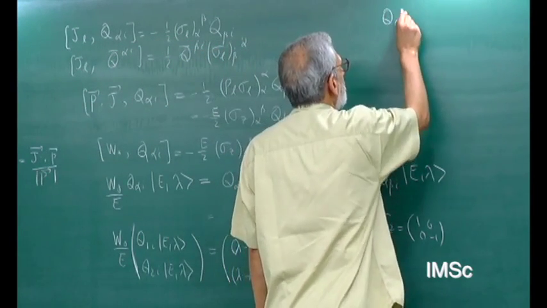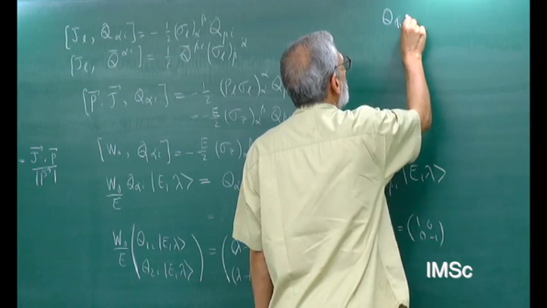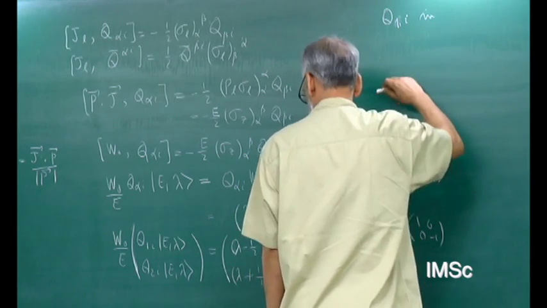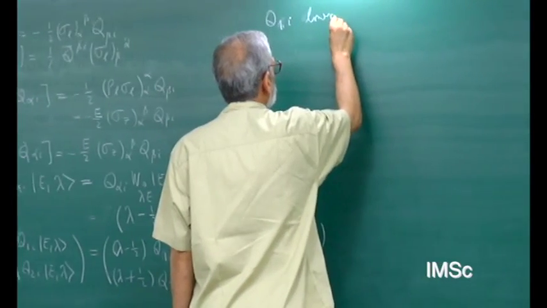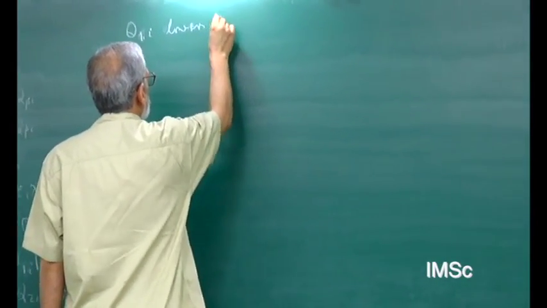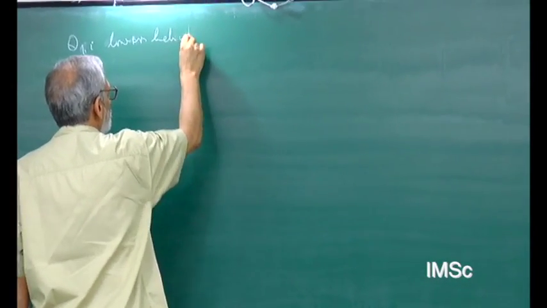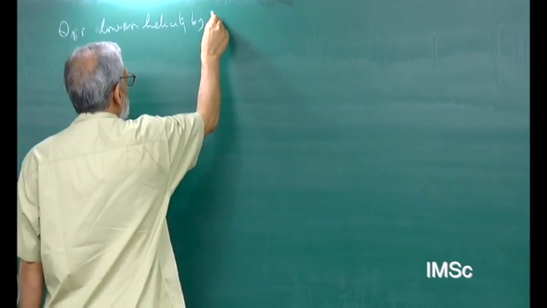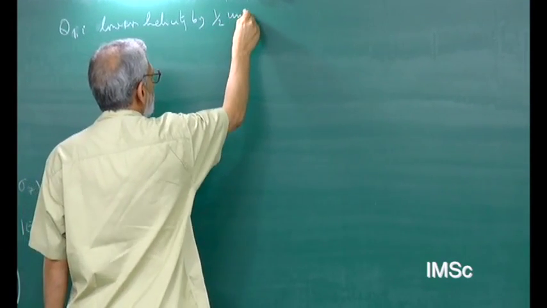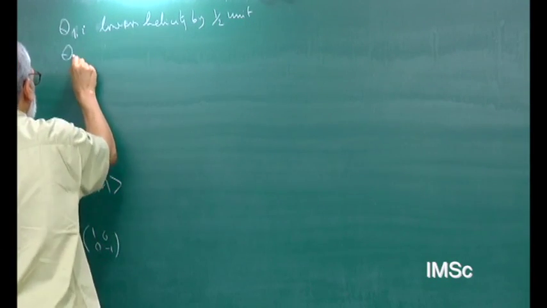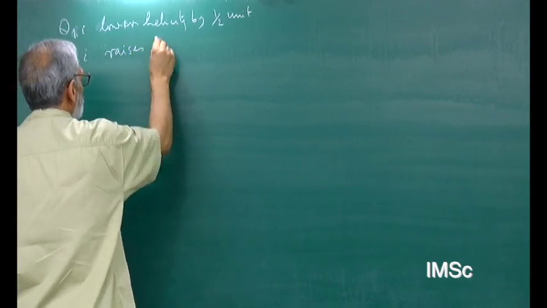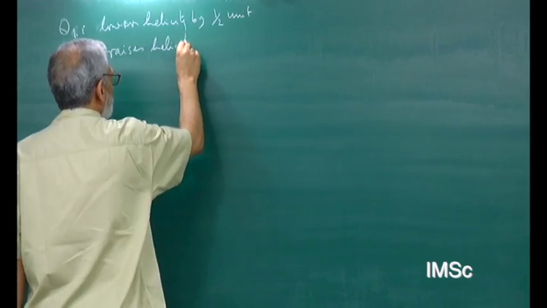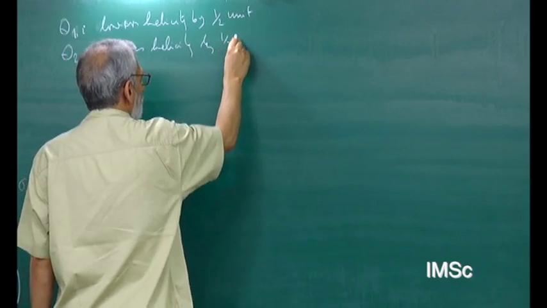So Q1 I lowers helicity by half unit. Q2 I raises helicity by half unit.